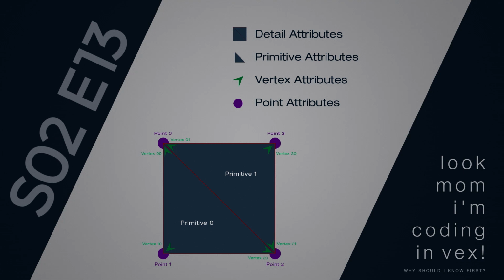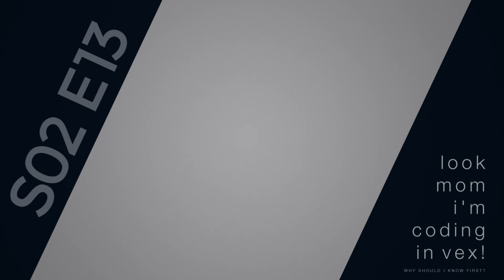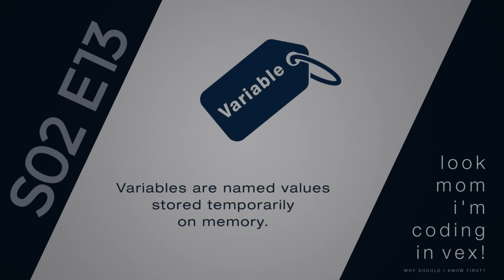But you don't always need to store all the data on the geometry components, as this will consume your computer resources. Sometimes you will only need to store values temporarily on memory. For this purpose, instead of defining attributes, you only need to define variables. Variables are named values stored temporarily on memory.